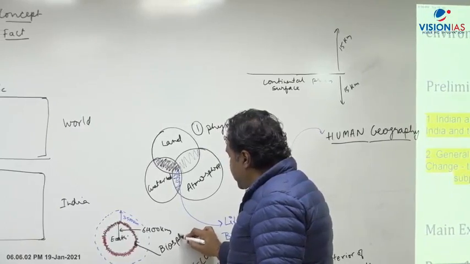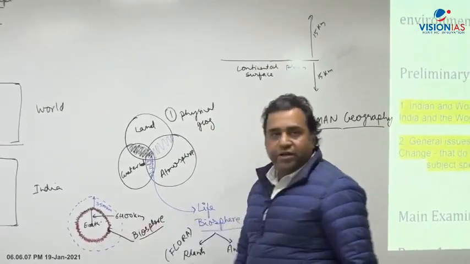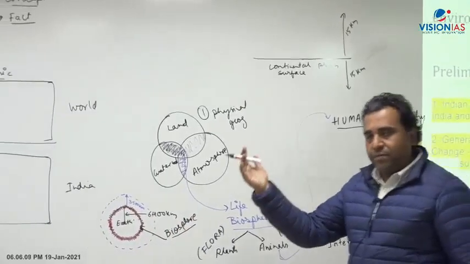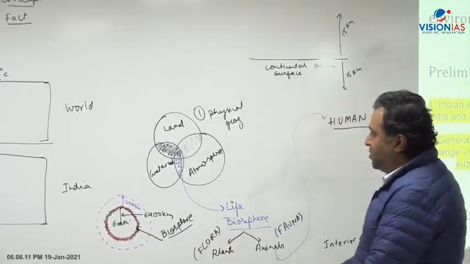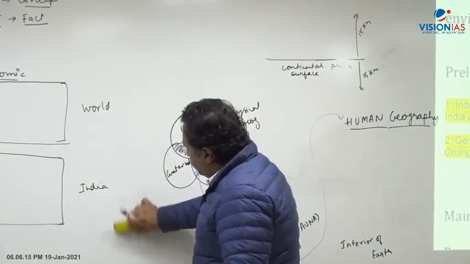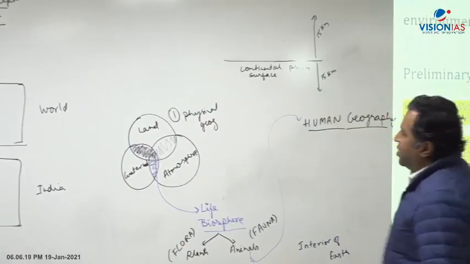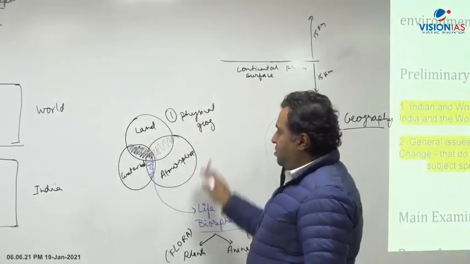The biosphere shown here, 15 kilometers from above, 15 kilometers below. That's it, that's the biosphere. Allow me to rub this also, so that we can keep the board clean. So physical geography, hopefully understood.